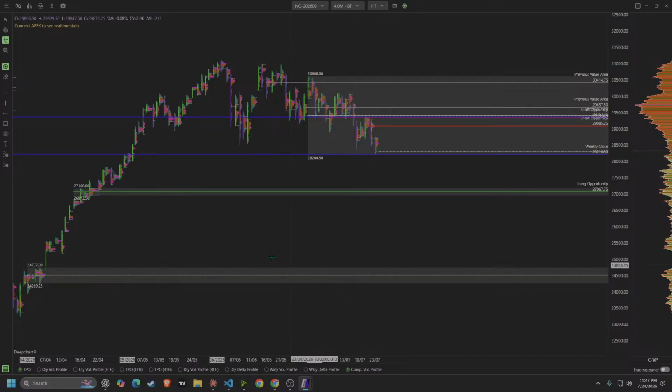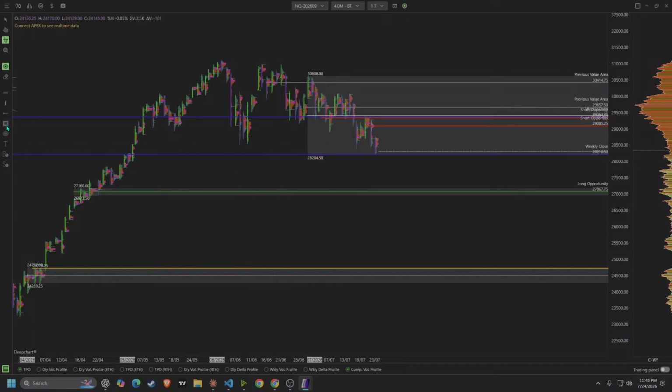Okay, this is interesting, right? We got this big area, and the top of that level is essentially after this big liquidity void, right here. So that's interesting.